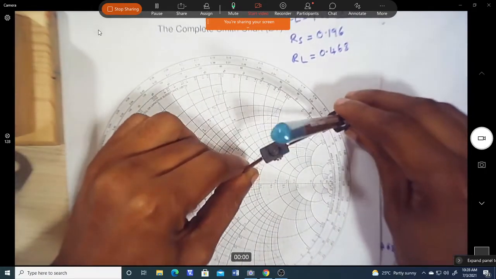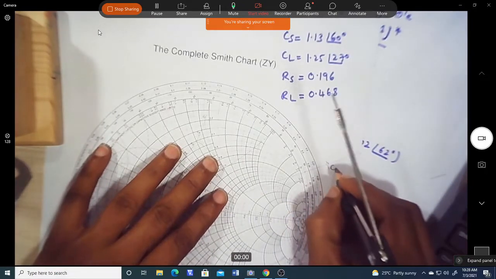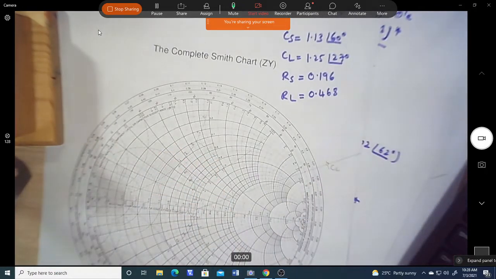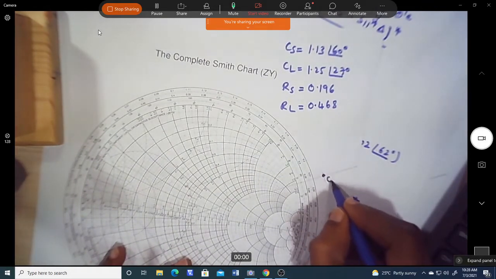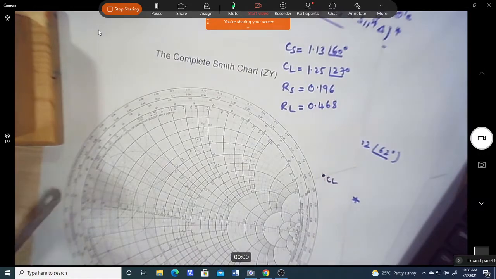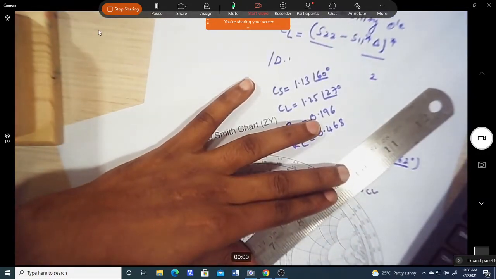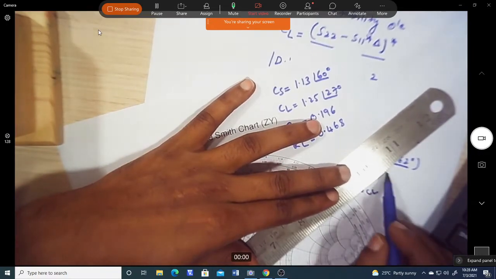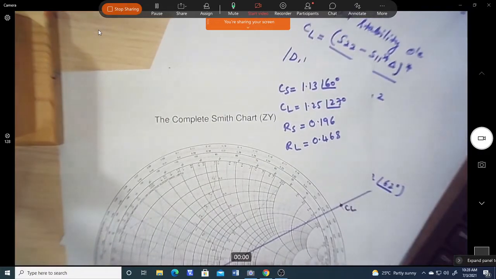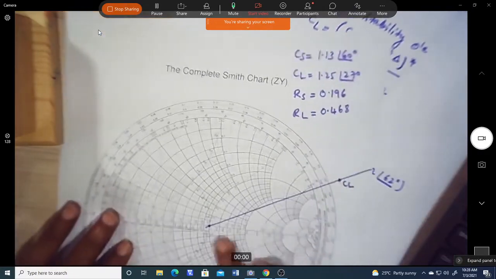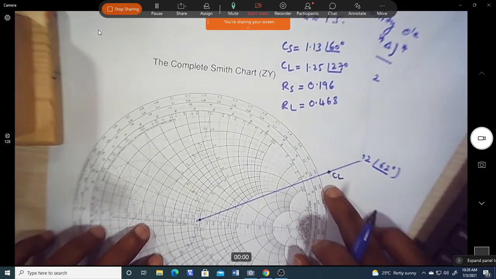If I cut that, this is the location of CL, the center point of the output stability circle, located at 1.25 at an angle of 27 degrees.